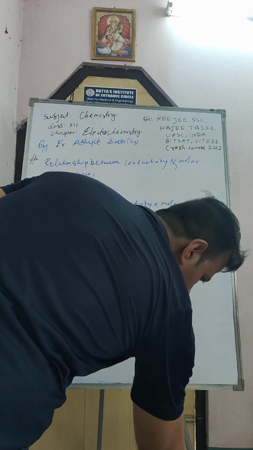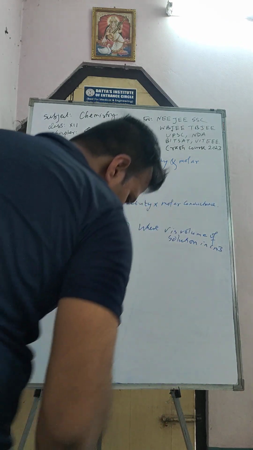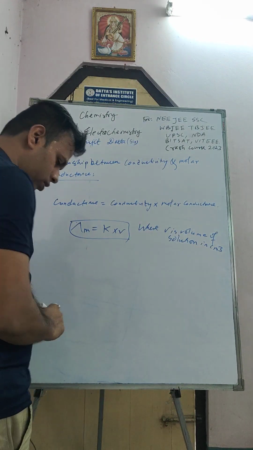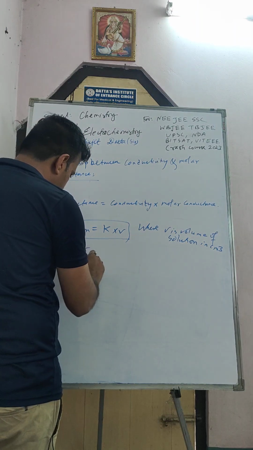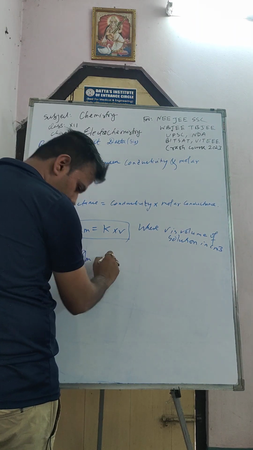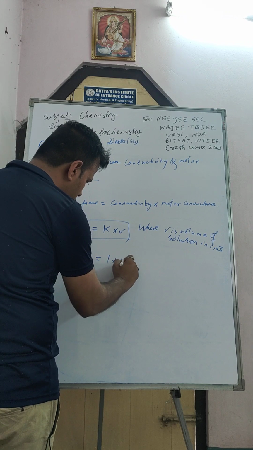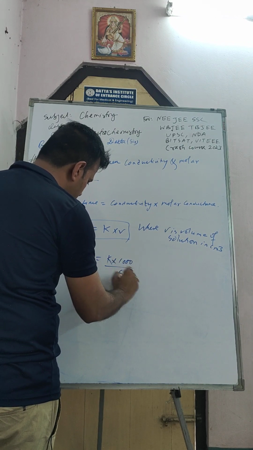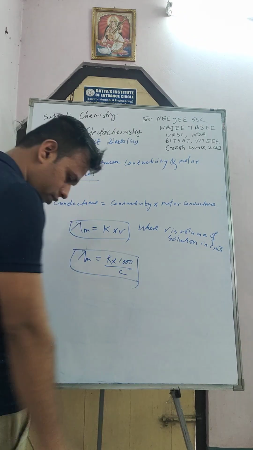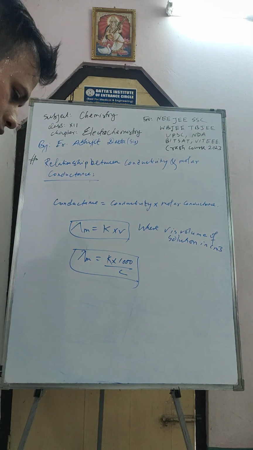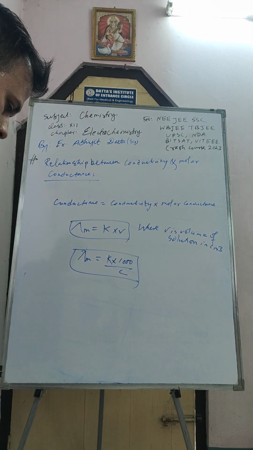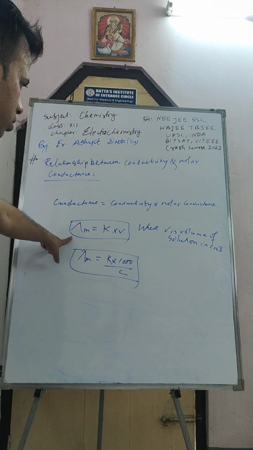Next, we can say lambda m is equal to K into 1000 by C, where C is concentration. This one is molar conductivity.